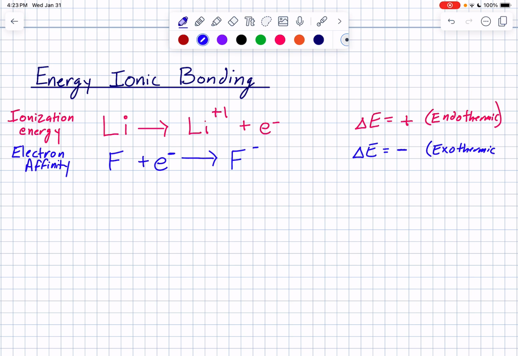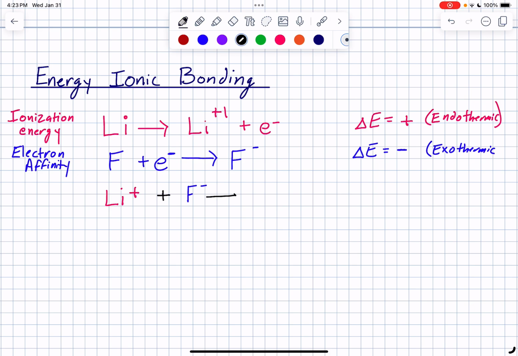So if you want to say attraction, if that's easier for you to remember, I'm perfectly fine with that. So now that I have my two ions, I have my lithium ion, which was formed by breaking the attraction between the electron and the lithium nucleus, and I have my anion, which was formed by the electron being attracted to fluorine's nucleus.